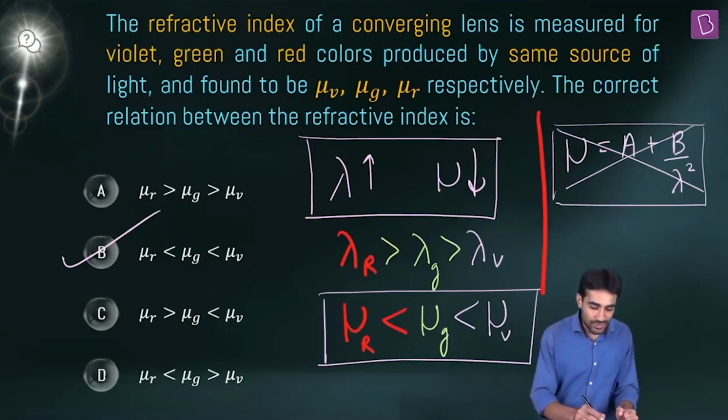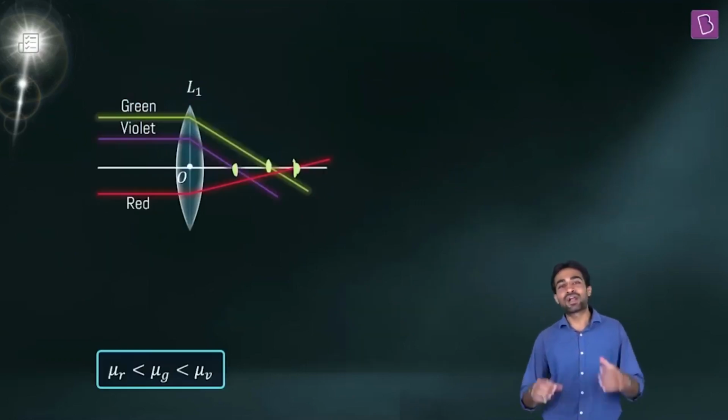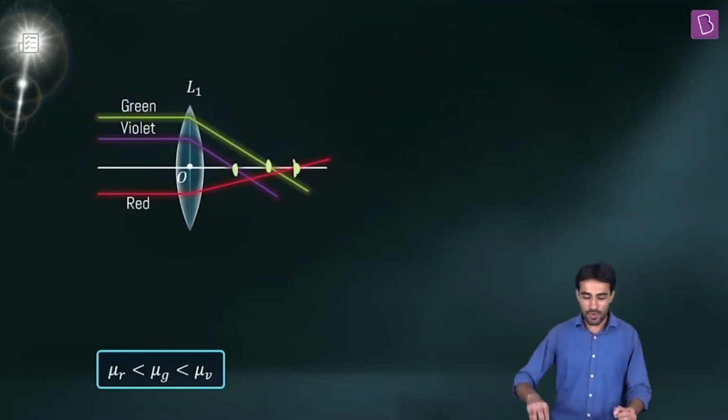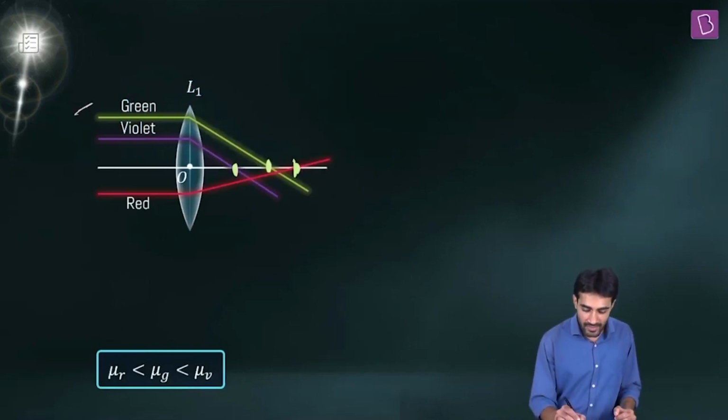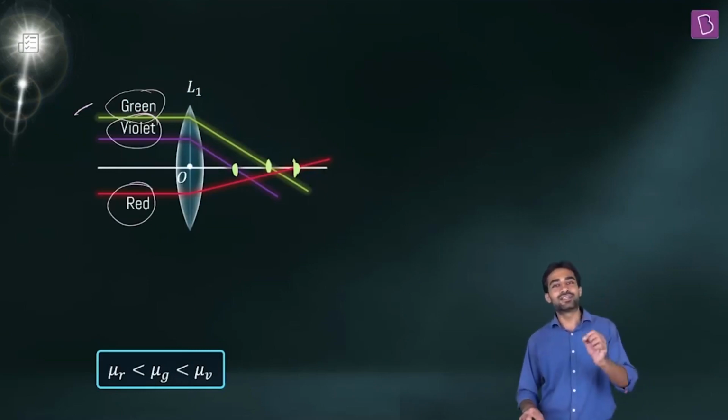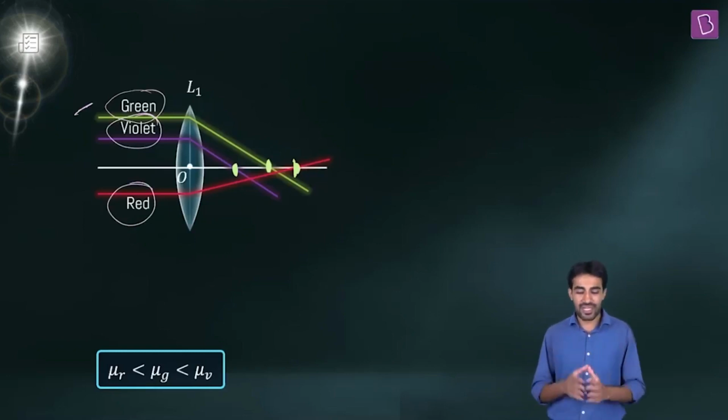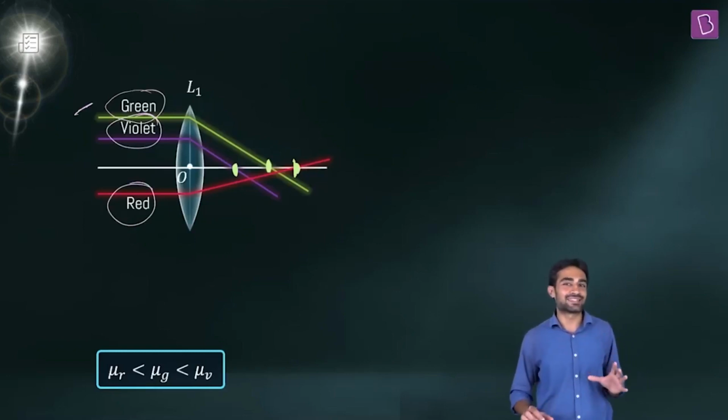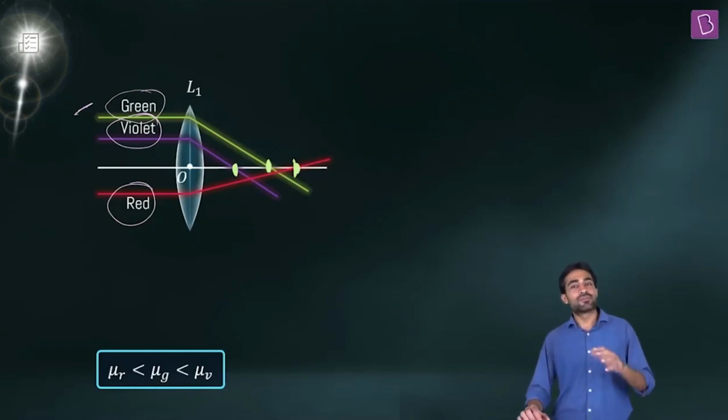Now let me show you something else. Suppose we have a converging lens, and we are putting a green light, a violet light, and a red light on this converging lens, and all these rays are parallel to the principal axis. Now after refraction, what will happen? These light rays will be bent.